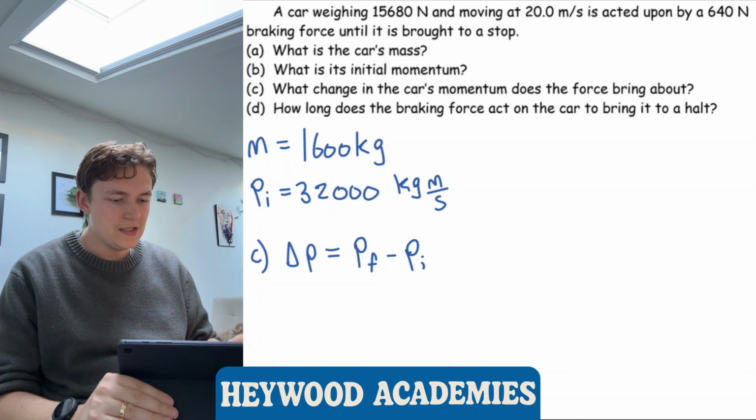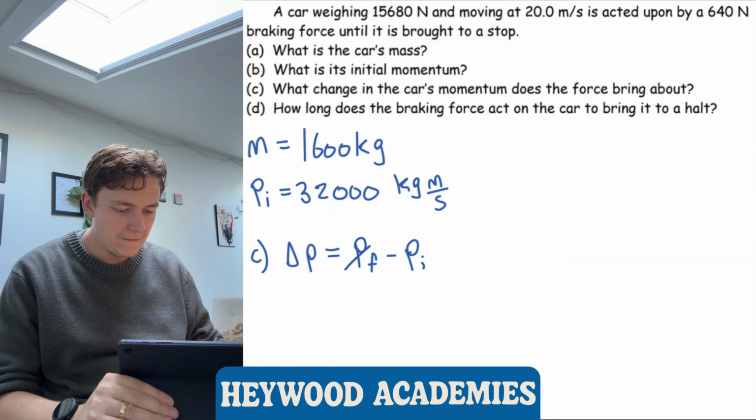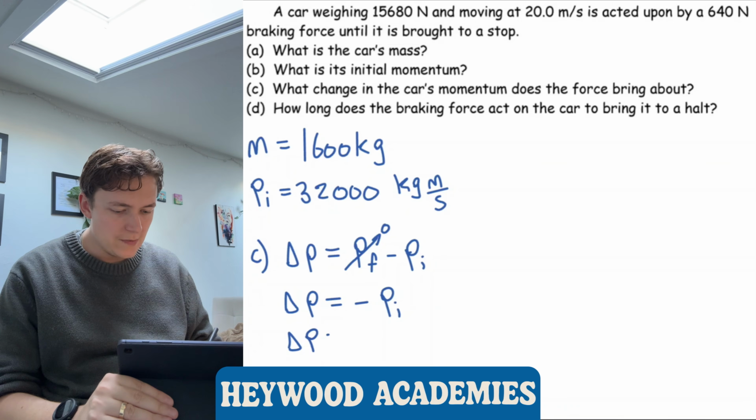In this case it comes to a stop, so the final momentum should be 0 because that final velocity is also 0. So our change in momentum is just going to be negative whatever the initial momentum is. Plugging in the numbers, we get our change in momentum as negative 32,000 kilogram meters per second.